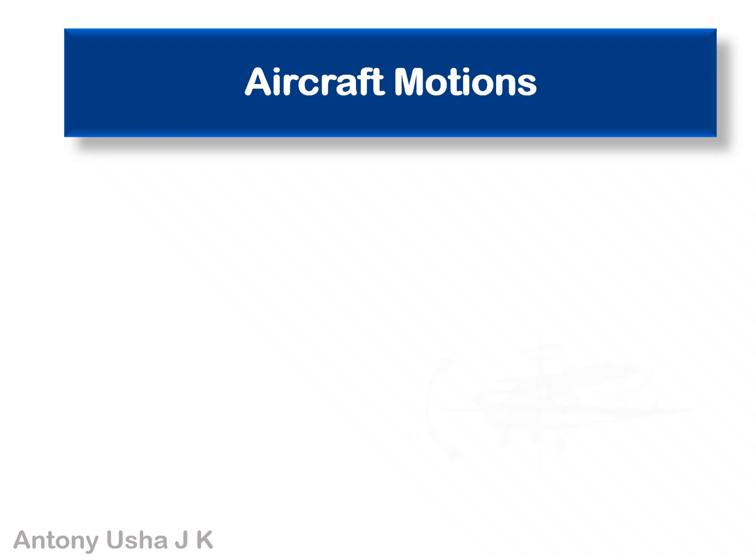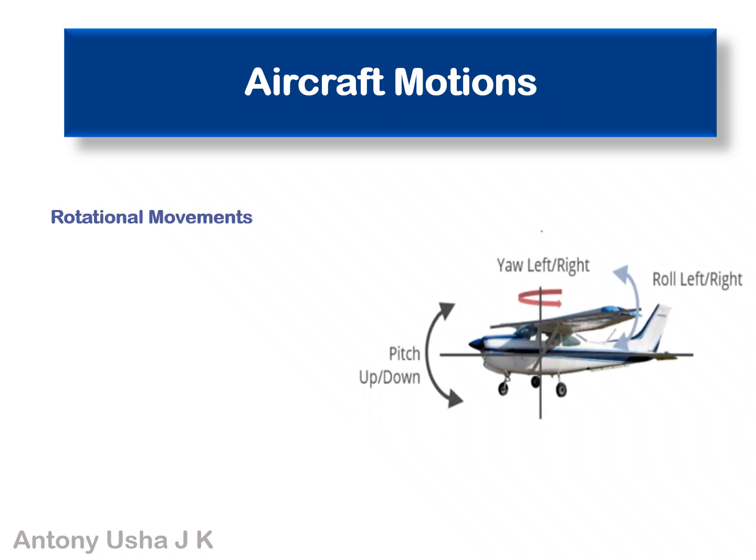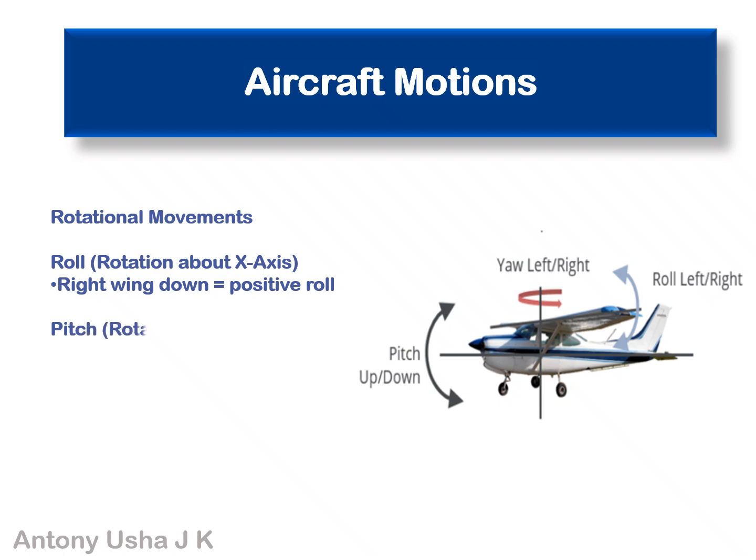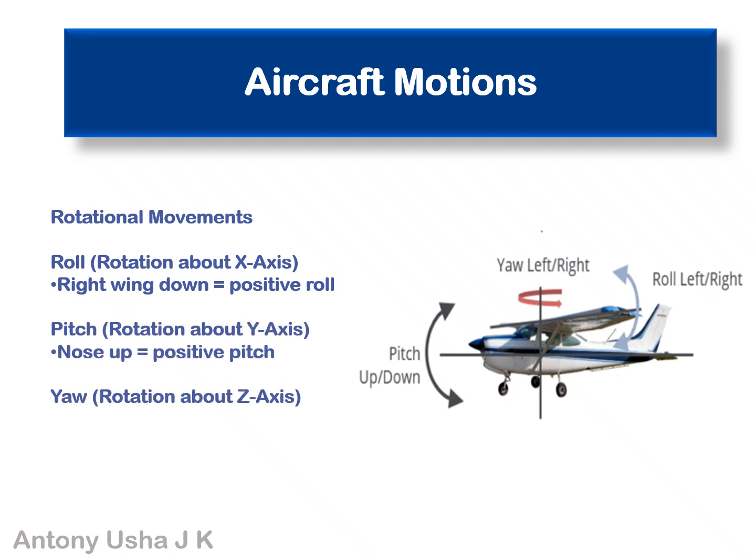Under aircraft motion, we are going to see rotational movements and their types, based on the axis. Roll, rotation about the x-axis, right wing down is equal to positive roll. Pitch, rotation about the y-axis, nose up, positive pitch. Yaw, rotation about the z-axis, nose right, positive yaw.